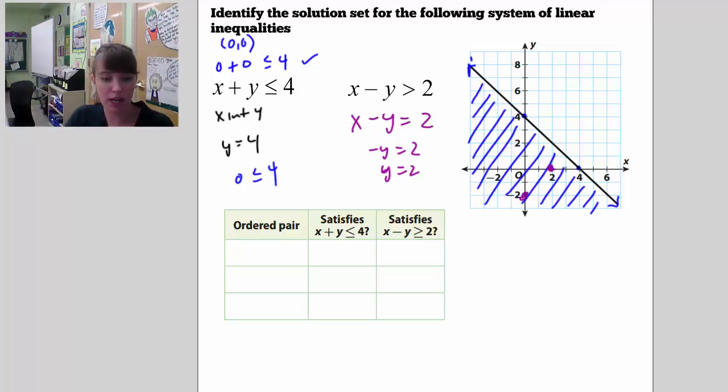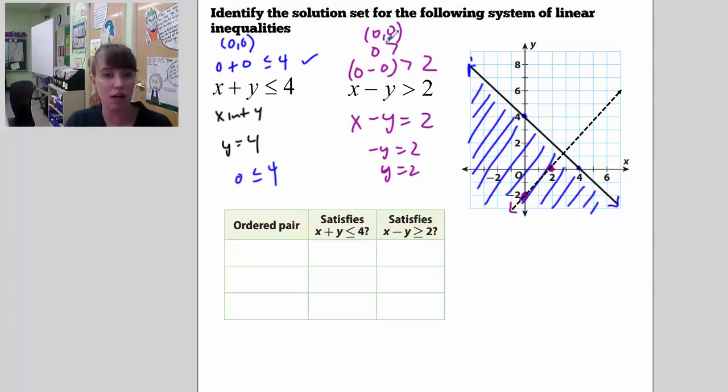Now it's going to be dashed because the inequality is strictly greater than, it's not equal to. So here's my boundary line. Now let me think about the shading. The origin is up here, so let me see if the origin is actually shaded. Again, let's put in 0, 0. 0 minus 0, is that greater than 2?